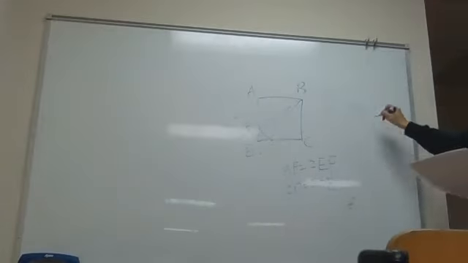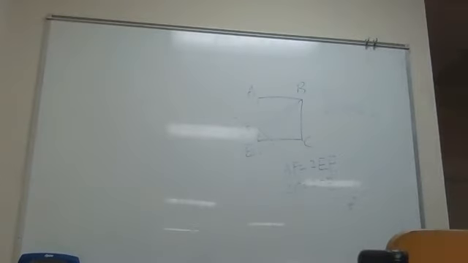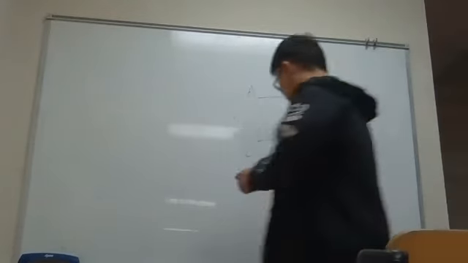Okay. So what's the answer for this one? 5 over 18. 5 over 18. Does everyone get the same answer? Okay. So how do you get 5 over 18? You only need to tell me what's the idea, how to solve this problem. Complementary triangle.